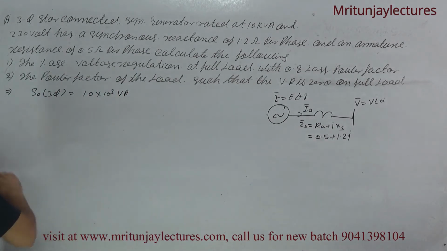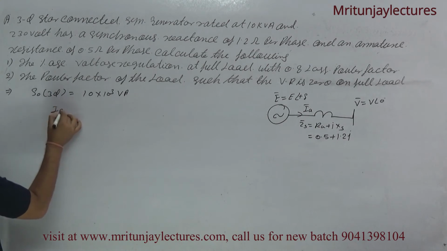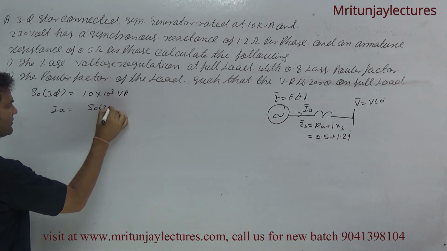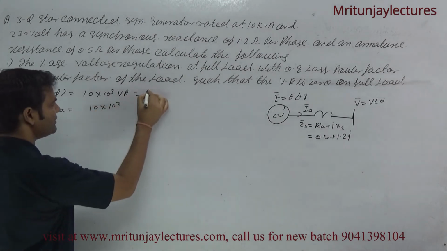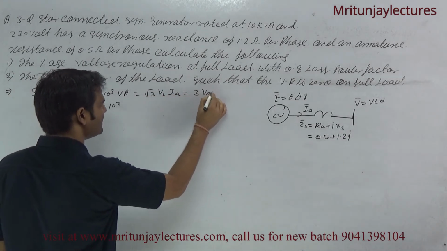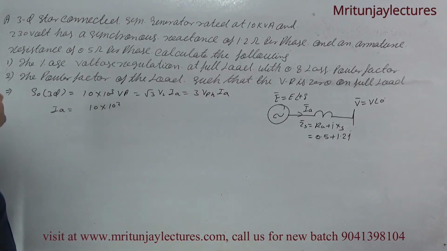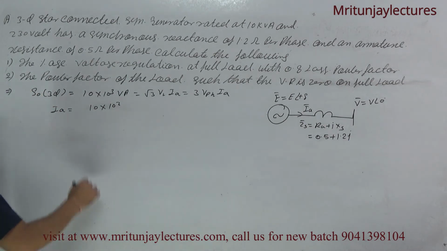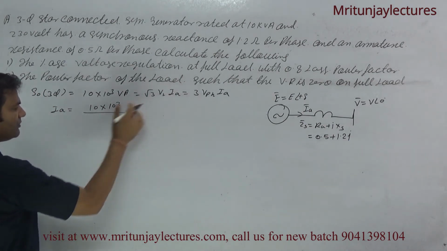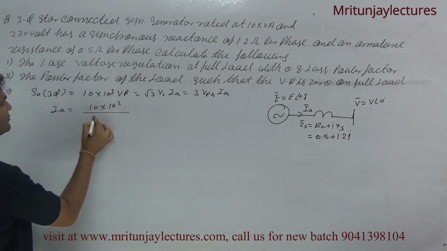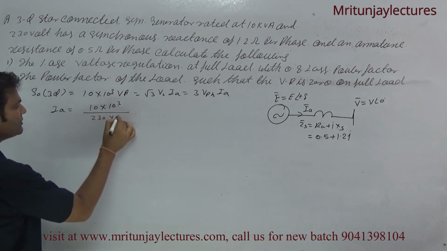First of all, determine the armature current. For three phase, it is written as 10 to power 3, which is also written as root 3 VL into Ia, or 3 times Vph into Ia. Star connection, that's why. Following this rule, 10 into 10 to power 3 divided by voltage, that is 230 into root 3.